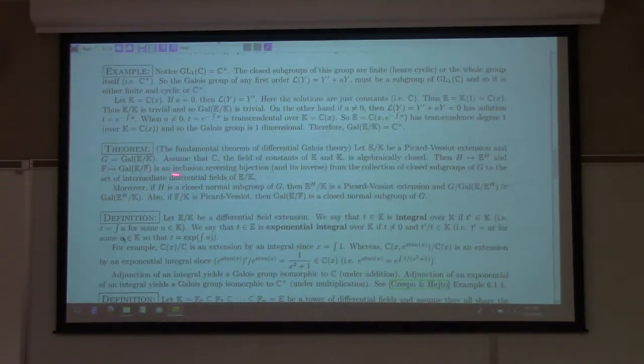And that is the inclusion reversing bijection, and its inverse, from the collection of subgroups of G to the set of intermediate differential fields. Moreover, H is a closed normal subgroup of G if and only if the corresponding field is a Picard-Vessiot extension, and the quotient is isomorphic to the Galois group of that extension. Also, if it is Picard-Vessiot, then the Galois group is a closed normal subgroup of G.